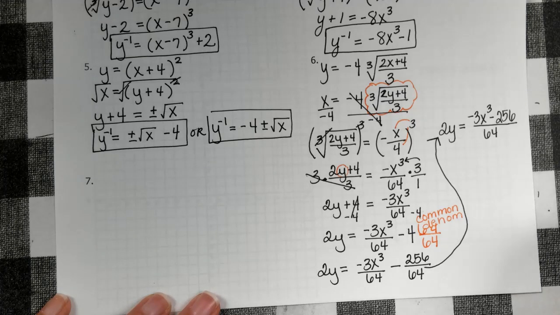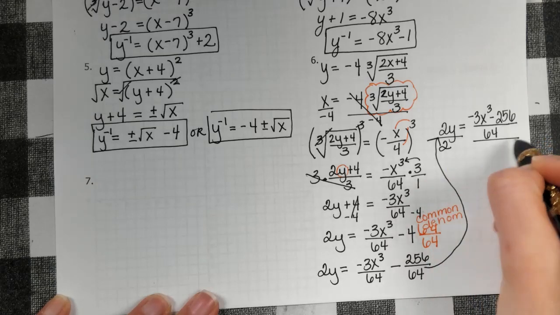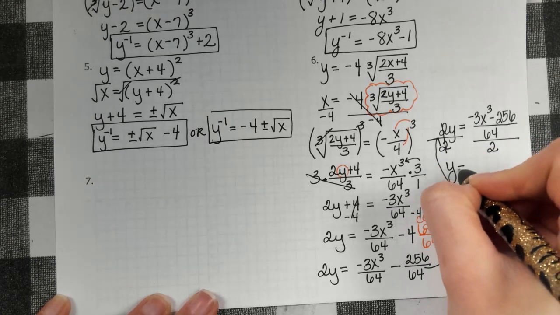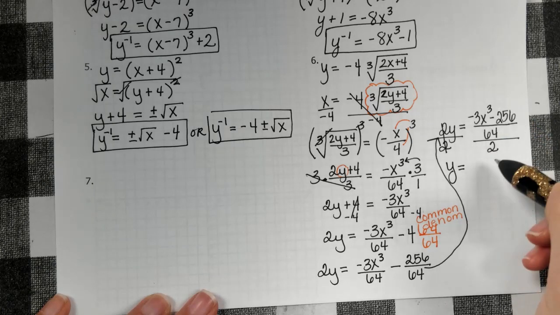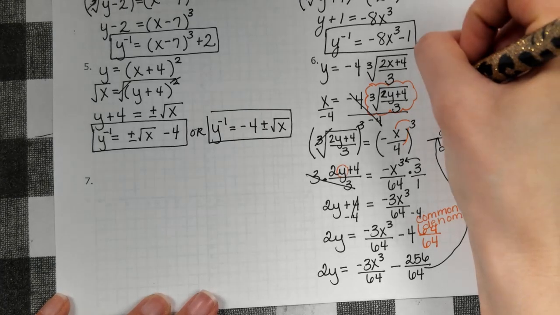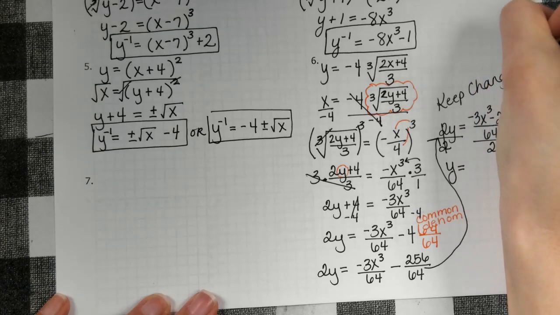Now what do I need to do? Divide by 2. What did I say last class when you have a fraction divided by something? How do we treat that? How do we come down to a final answer? You do your keep, change, flip.